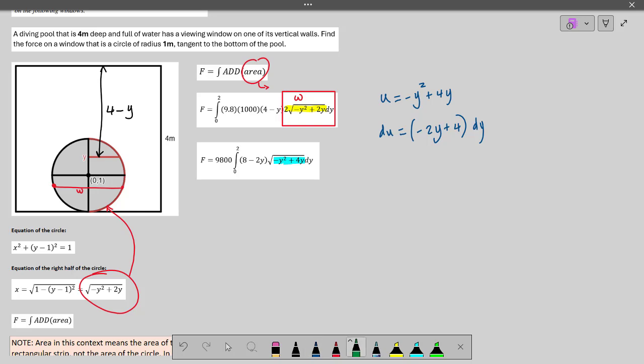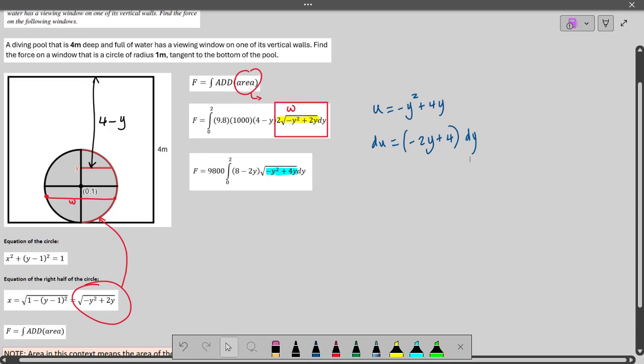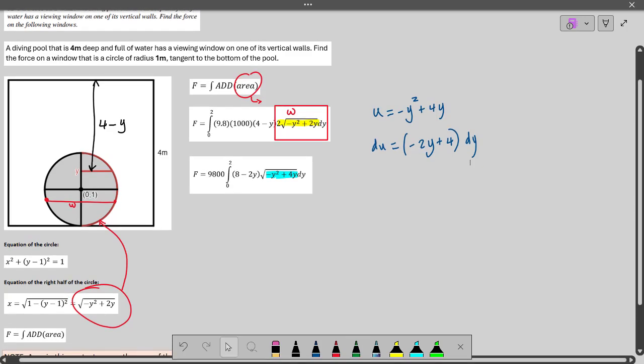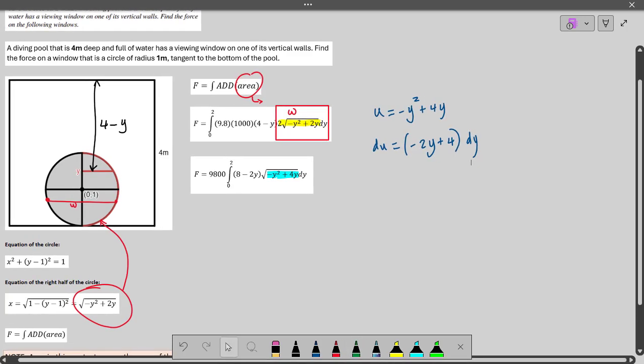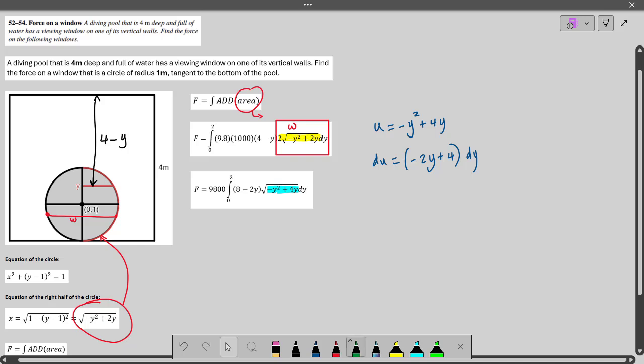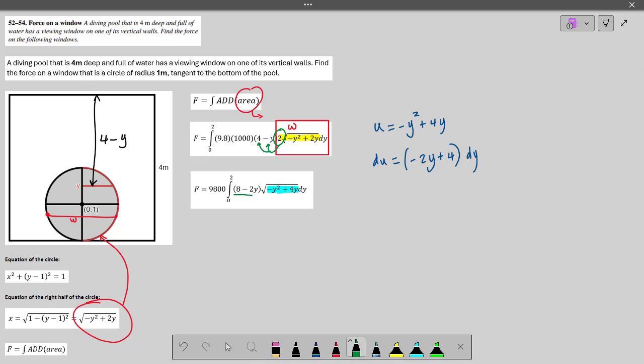So I took this 2 right here and multiplied it across here for a reason. I'm going to distribute it over here to give 8 minus 2y. That should be a 2 right there. I thought that it was supposed to integrate pretty easily.